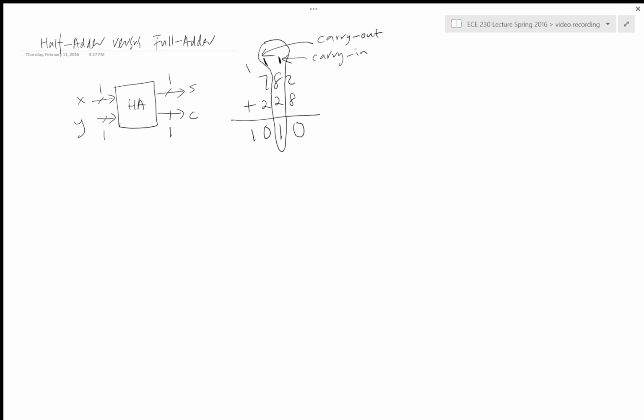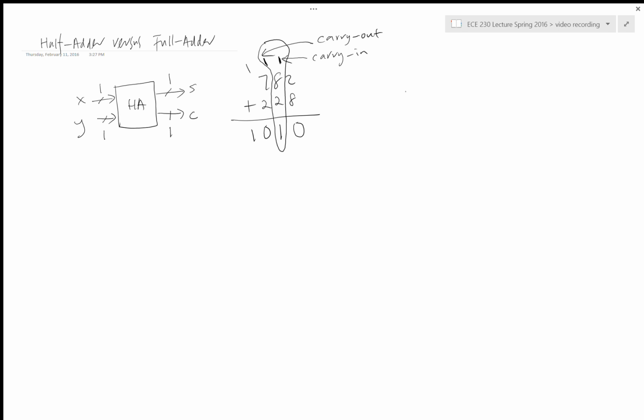Our half adder is not capable of taking in a carry in, and producing a carry out and a sum bit. So in this case, our x and y, if you think about it, are 8 and 2, and the sum bit is 1, carry in is 1, and carry out is 1. But our half adder is not capable of doing that.